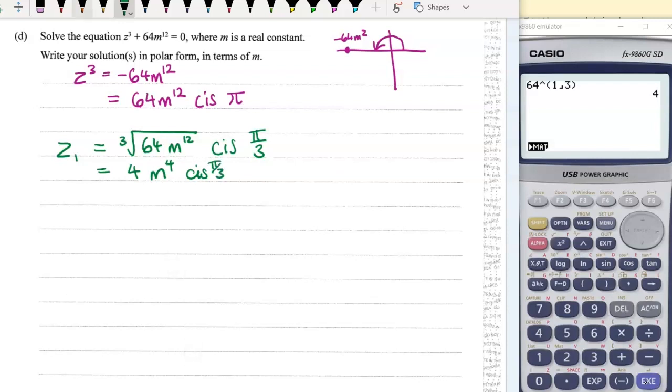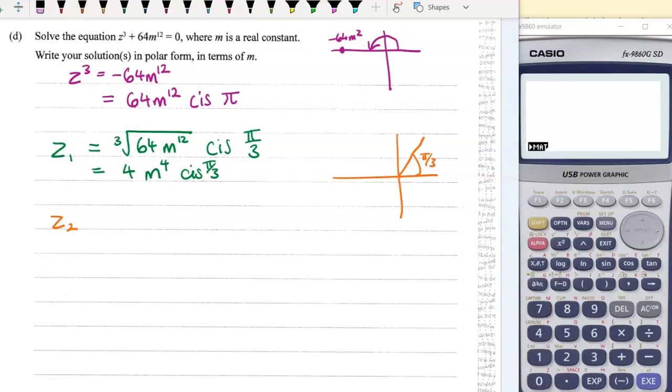Now the second value of z happens when those roots are spaced evenly around the Argand diagram. So if our first one is at pi by 3, then the next root would be a third of a circle on from this first one. So a circle is 2 pi.